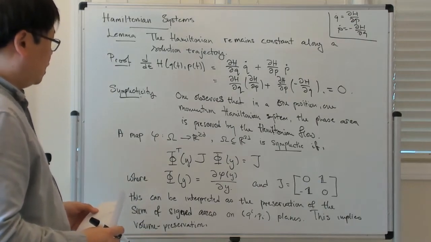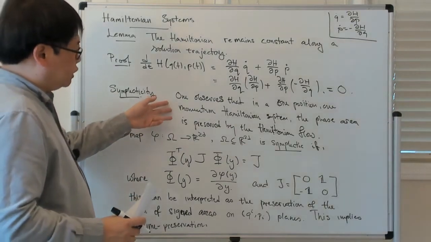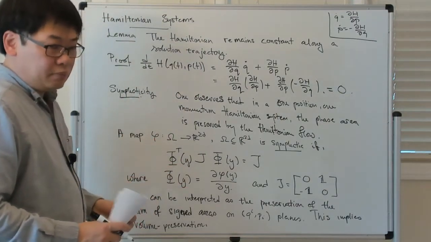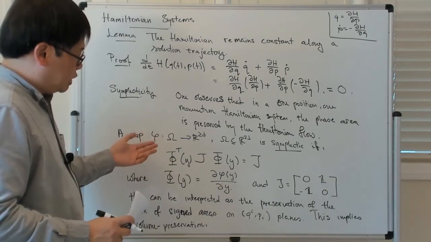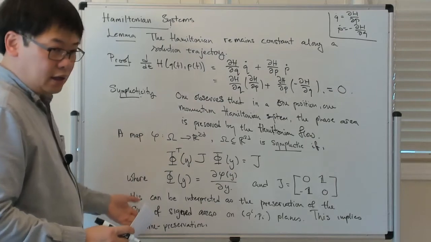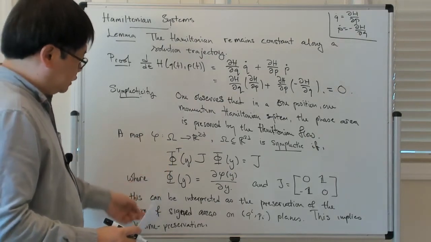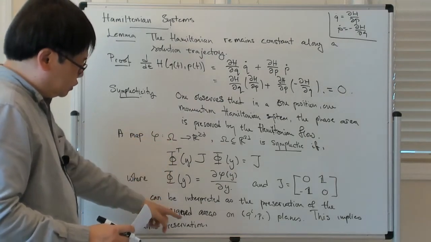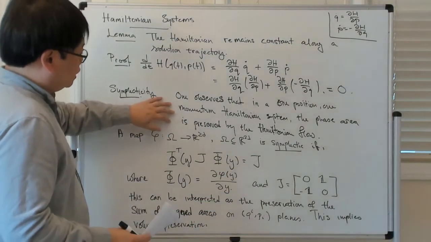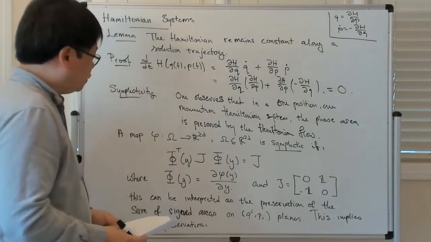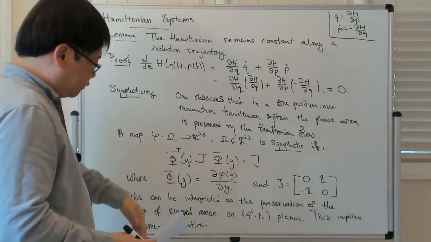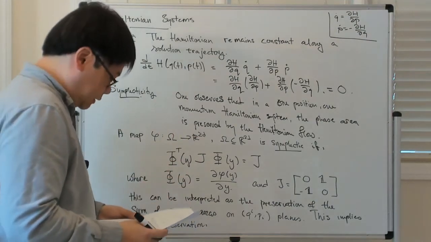It's only in the 1+1 case, with one position and one momentum, that the notion of the sum of signed areas and volume preservation agree, because in that degenerate case you just have one signed area, which is exactly the area form. But in higher dimensional problems, volume preservation is a weaker condition than symplecticity.